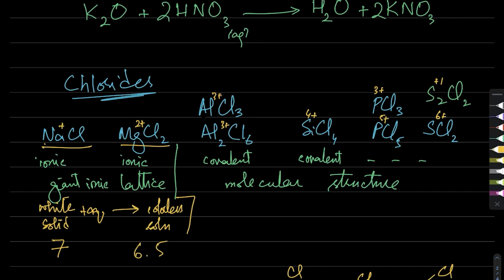SiCl4 makes HCl, strongly acidic. PCl5 strongly acidic. SCl2 strongly acidic. And SiCl4 is going to create SiO2. PCl5 is going to create phosphoric acid. And SCl2 is going to create sulfur dioxide. Okay, so those are the chlorides of period 3 and how they react with water.